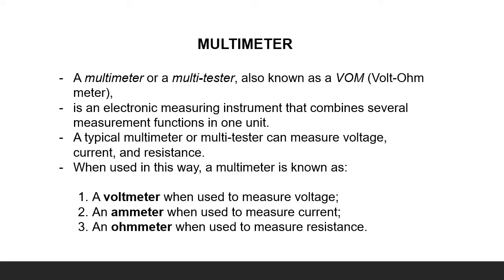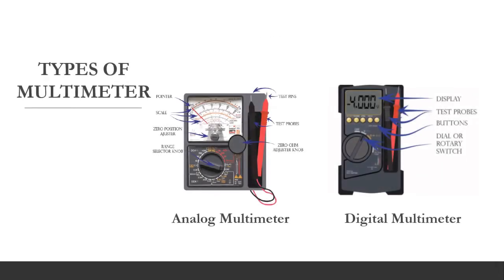When used in this way, a multimeter is also known as a voltmeter when used to measure voltage, ammeter when used to measure current, and ohmmeter when used to measure resistance. There are two types of multimeter, the analog and digital multimeter.